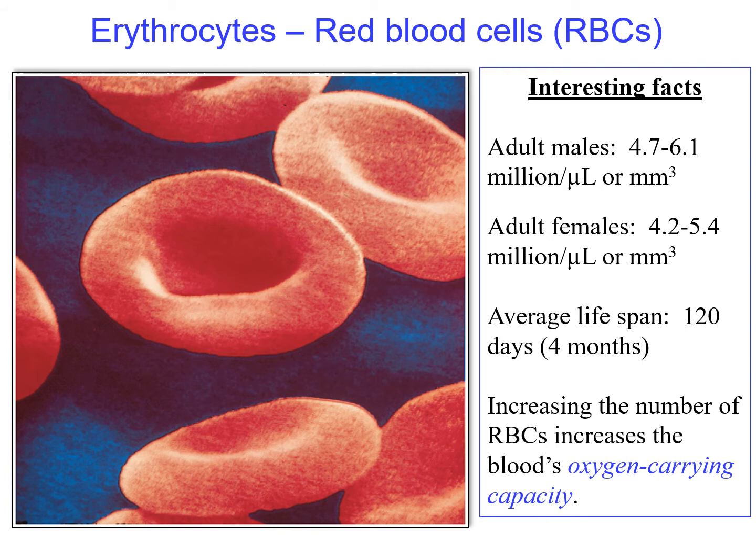It loses it during that differentiation process that we looked at a few slides prior. If you go back and look at that slide, you'll see that it loses the nucleus as it develops from that myeloid stem cell. So when we talk about the oxygen carrying capacity of the blood, we are interested in oftentimes the number of red blood cells, because the greater the number of red cells, the greater our oxygen carrying capacity, that we can deliver that O2 to our metabolism.